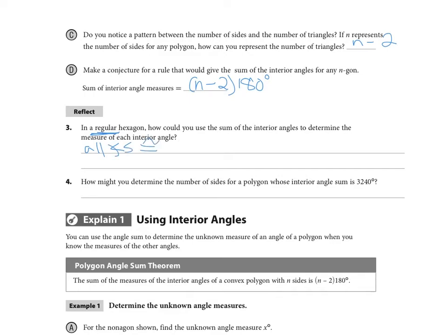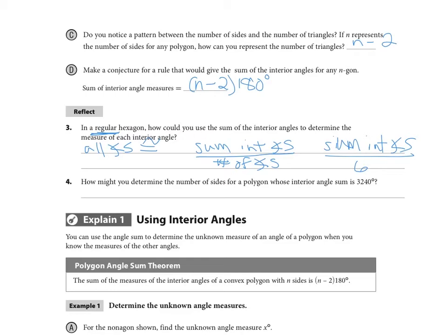And so if I know the sum of my interior angles, all I would have to do is divide it by the number of angles. And if it's a hexagon, we would just simply take the sum of those interior angles and divide it by 6.